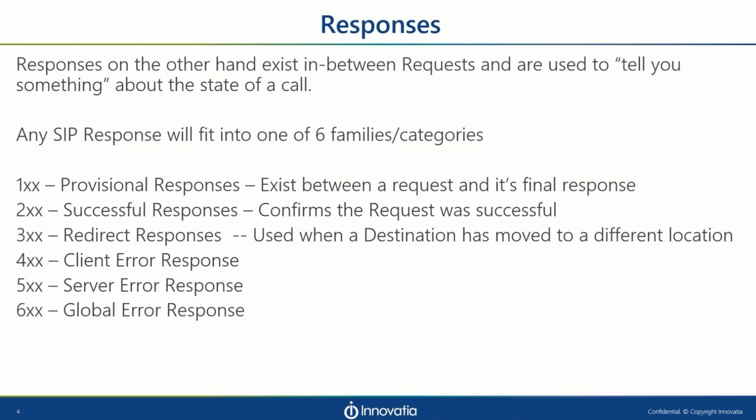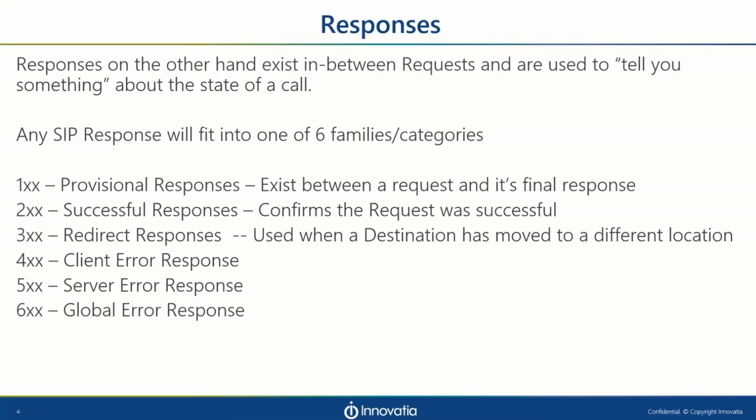An INVITE is sent out, and before that INVITE's final response is received, if there are updates or status changes that need to be communicated, a provisional response is used. So the provisional response exists between when an INVITE is sent out and before either a successful response or an error is received.